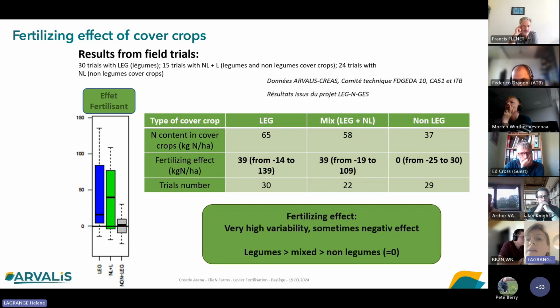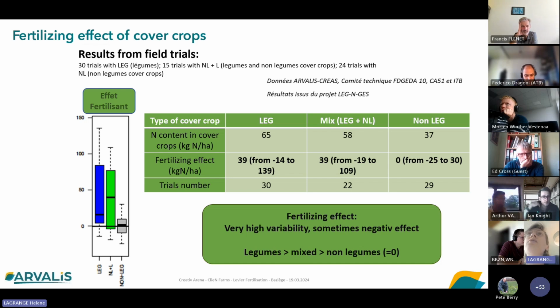So you have here the main results of field trials we made in France. So we worked on legumes cover crop. We had 30 trials on mixed cover crops, so legumes and non-legumes crops, 15 trials, and also on non-legumes cover crop on 24 trials.